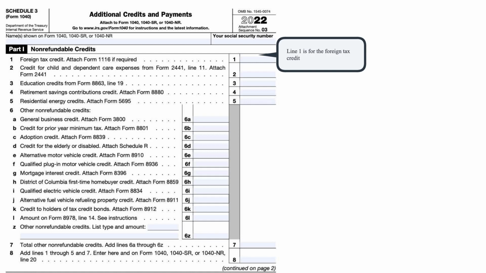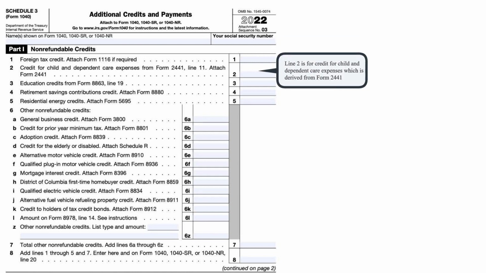The foreign tax credit is for income taxes paid to a foreign government as a result of foreign income tax withholding. Line 2 is for the credit for child and dependent care expenses, which is derived from Form 2441. This credit is refundable if the taxpayer lives in the United States for more than half the year.